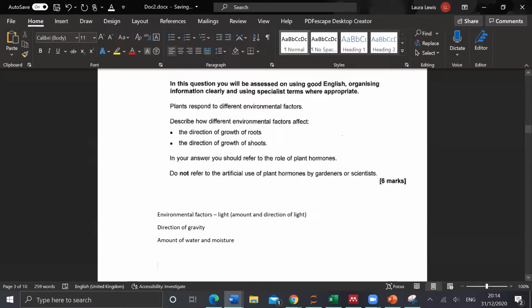Okay, so there are the environmental factors. So I'm going to make a little bit of a note underneath it. Effects on direction of growth. Start off with shoots grow upwards. Obviously, we know that. So shoots grow upwards and towards the light.